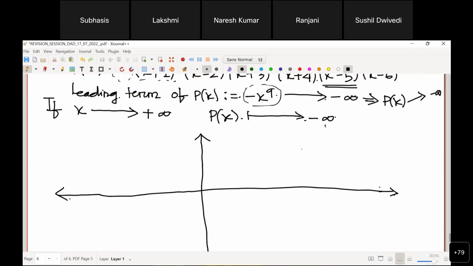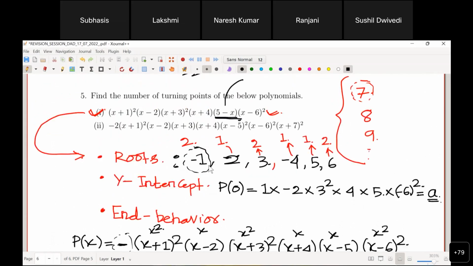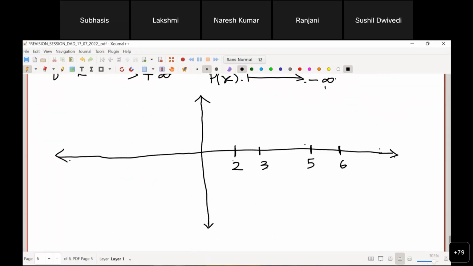So 2, let's say 3, and I have 5 and 6, right? And the negative roots are minus 1, minus 4. So this is minus 1 and this is minus 4. These are the roots.